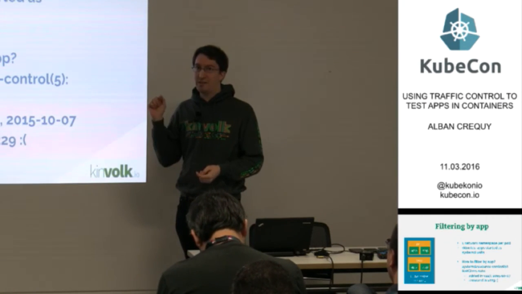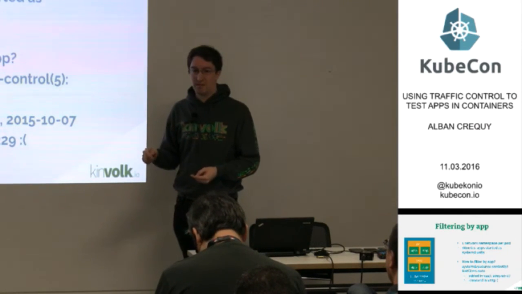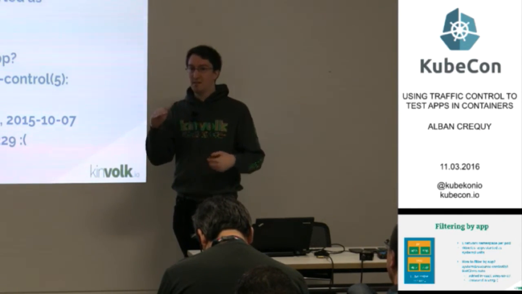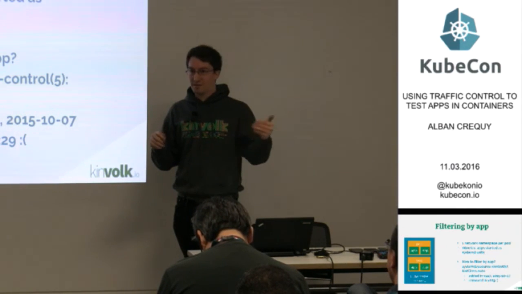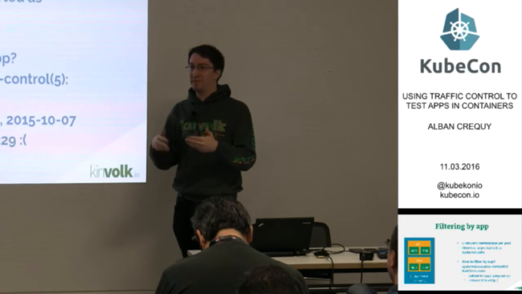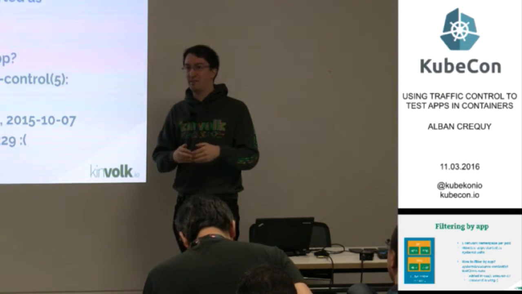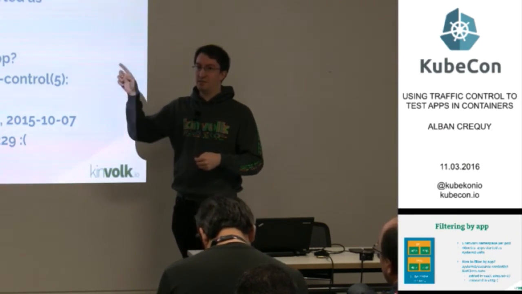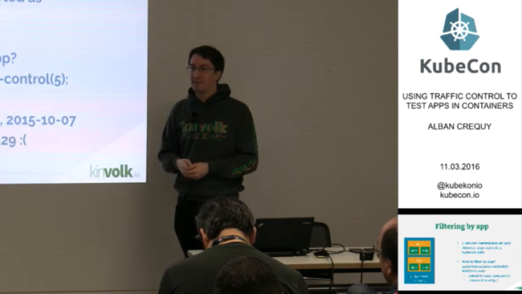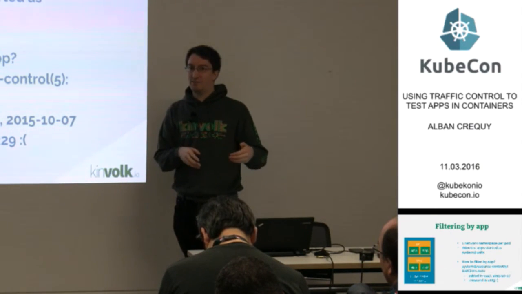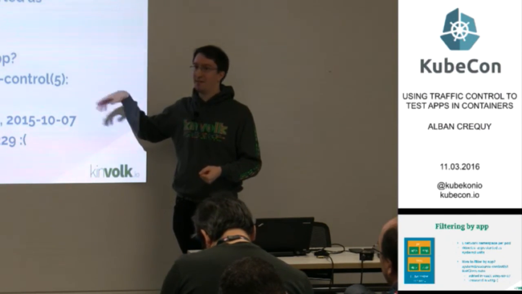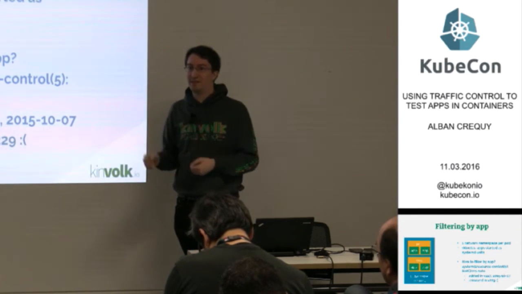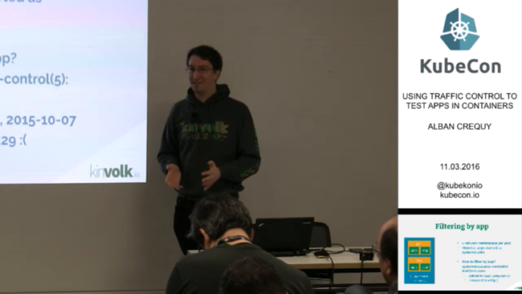For the ingress traffic, it's more difficult because on the Linux network stack, the incoming traffic comes first, and then we apply some traffic control rules, and it's only later that it's routed to a specific socket. So at that time, we apply the traffic control, we don't know yet which socket and which application will receive the packet, and there are some contract rules, but it's difficult to do.